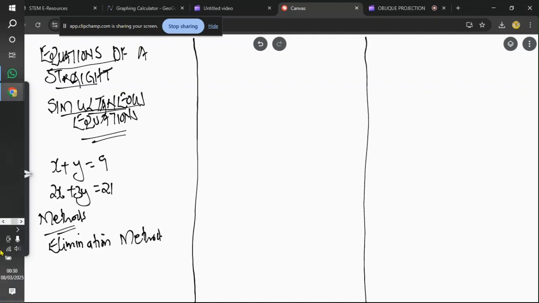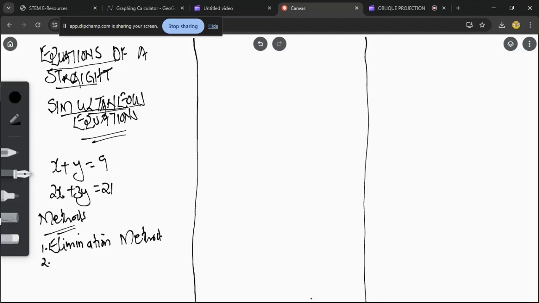Number two, I hope my screen is clear enough. Number one is elimination method. Number two is substitution method.